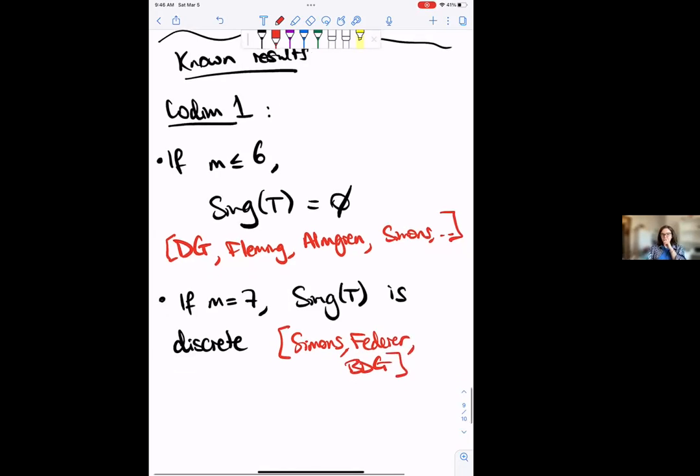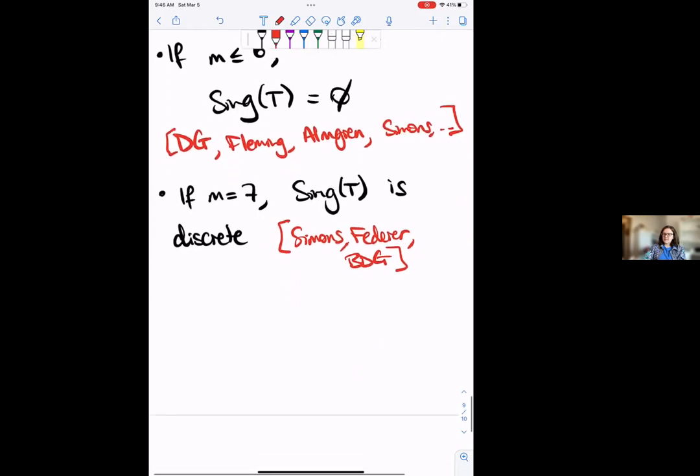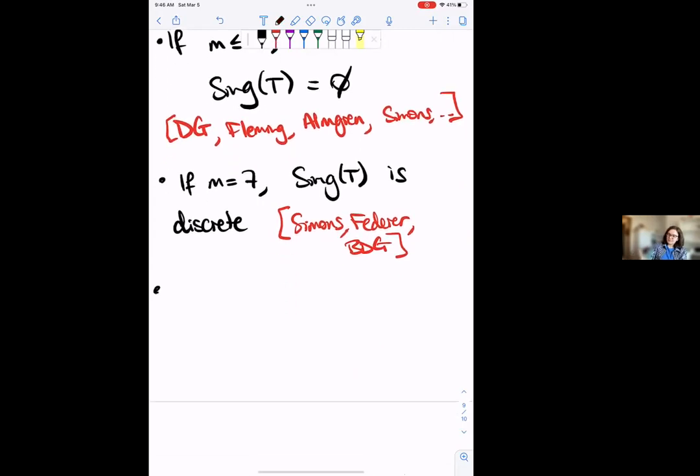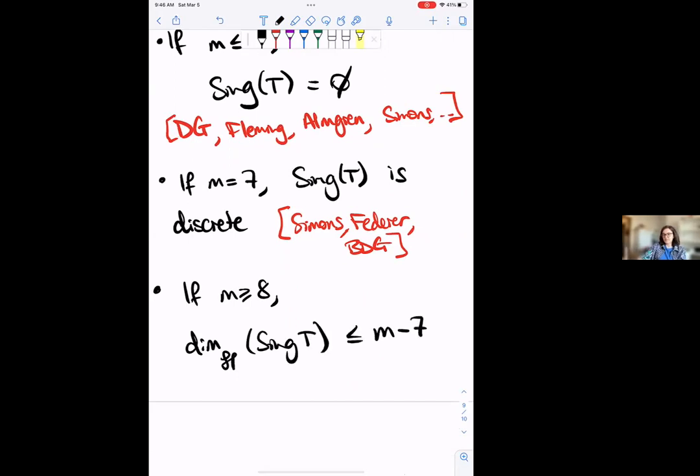Okay, and in higher dimensions, if M is at least 8, you have the dimension estimate on the singular set: it's at most M minus 7. And also you have rectifiability: the singular set is M minus 7 rectifiable.